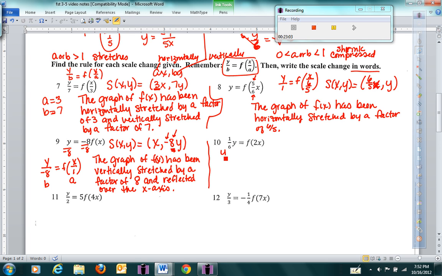Multiplying by 1/6 is like dividing by 6. Multiplying by 2 is like dividing by the reciprocal 1/2. I have to get this to be a 1y. I have to get this to be a 1x. So my a value is 1/2. My b value is 6.